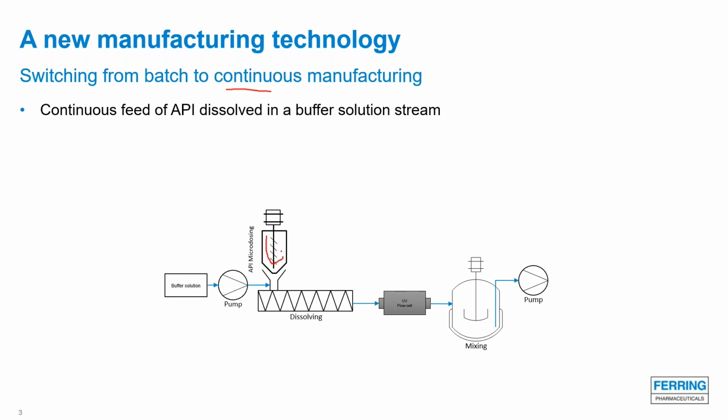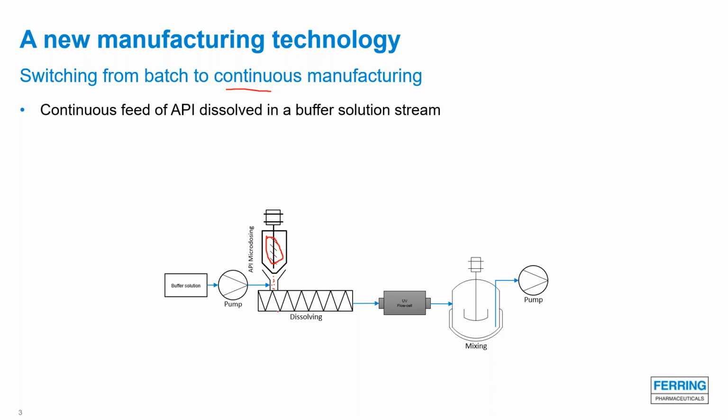Our API is stored in this device, which we call API microdosing, which will feed the line with grains of API, so small quantities of the API. We also feed the line with buffer solution through a pump that will ensure a constant flow of buffer into the line. And in this device, a dissolution occurs where the API gets dissolved into the buffer stream.